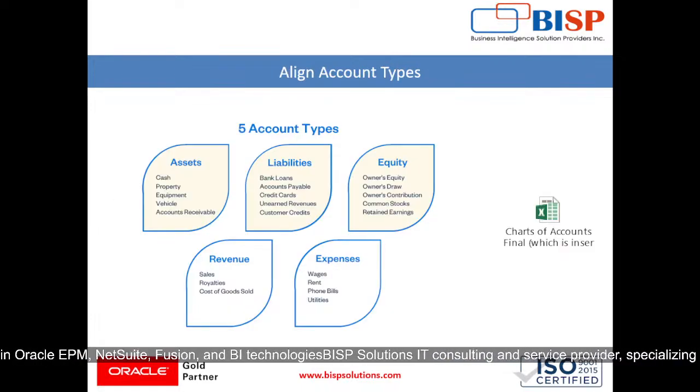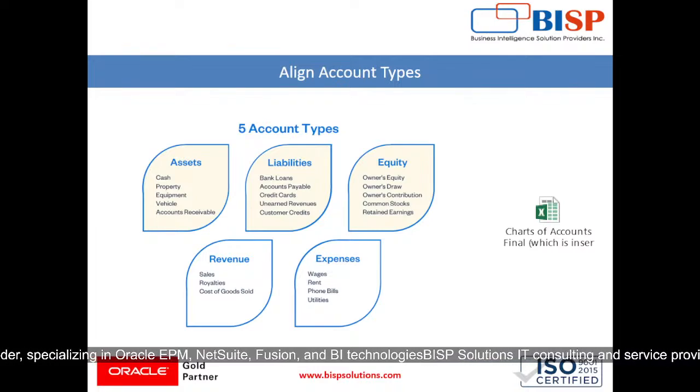After that, we will be aligning account types. So there are 5 account types for the same, like assets, liabilities, equity, revenue, and expenses. So in assets, we will be mentioning cash, property, equipment, vehicle, accounts receivable. And in liabilities, we will be mentioning bank loans, account payables, credit cards, unearned revenues, customer credits, like that.